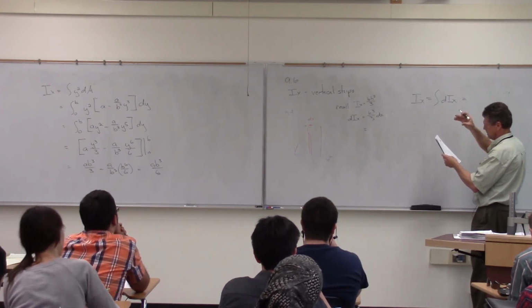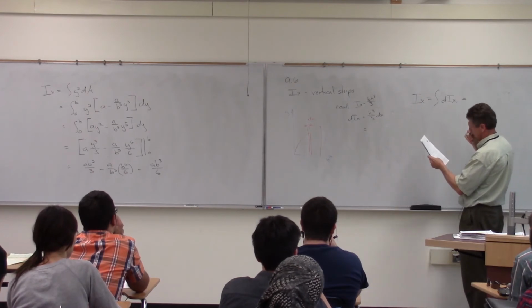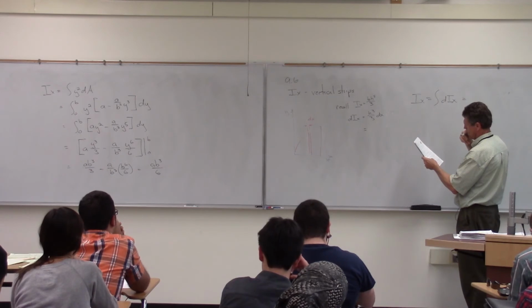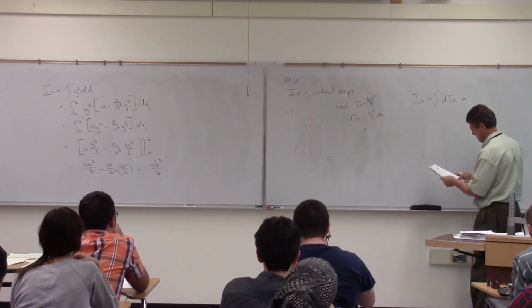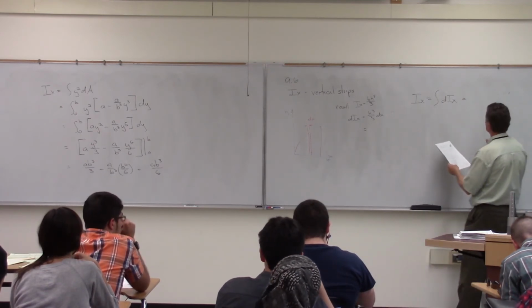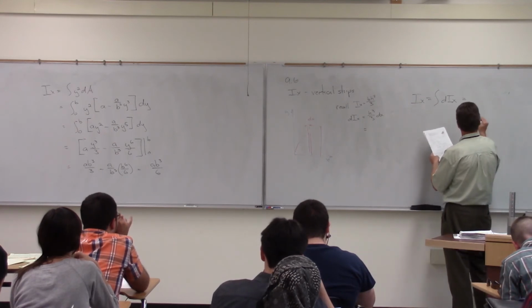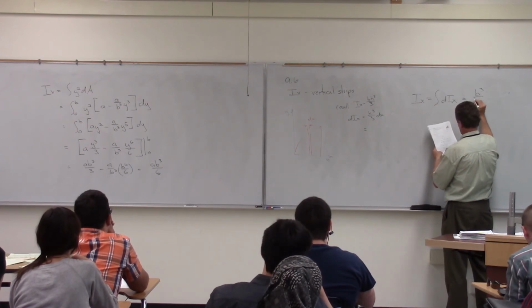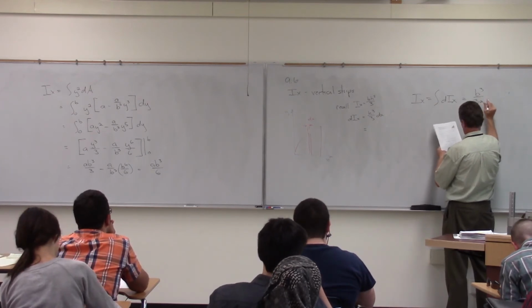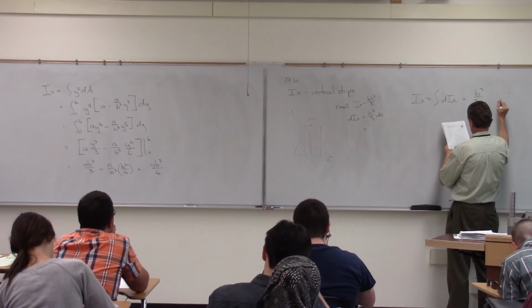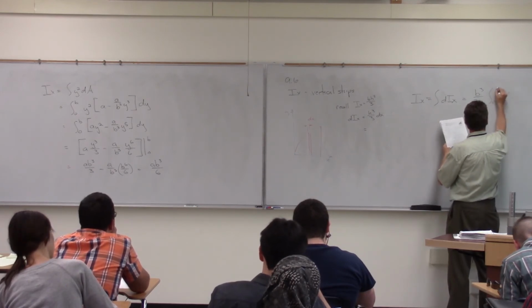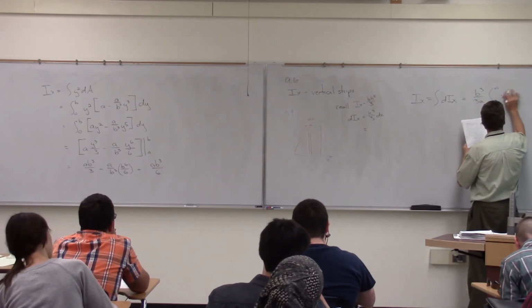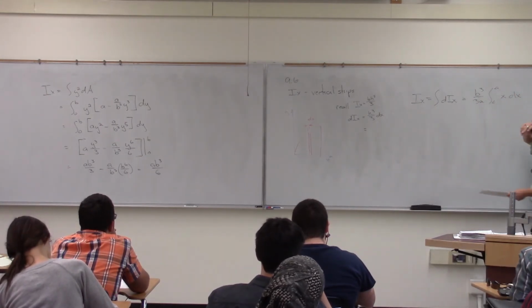What am I forgetting? So I've got my y. So I get b cubed over 3a. Let's see, does that make sense?